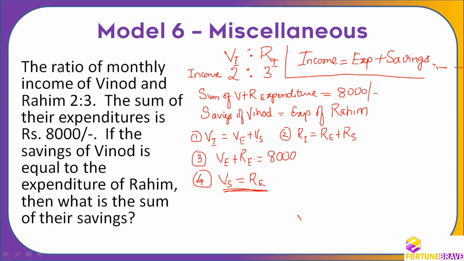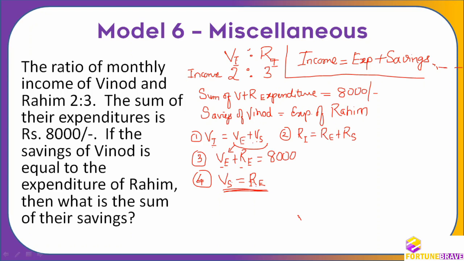Now this is where the logic comes. We know Vinod savings is equal to Rahim expenditure. So can I convert this into this? See here, Vinod savings is substituted with Rahim expenditure.